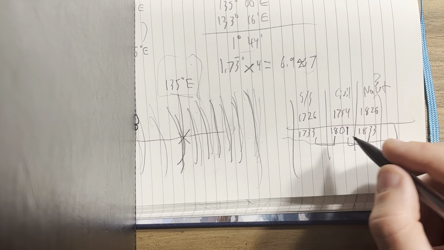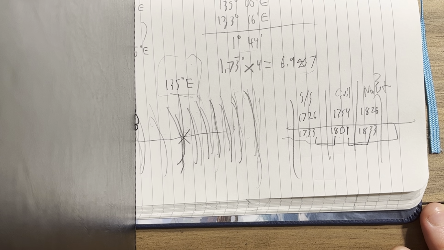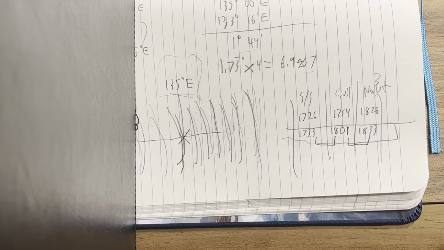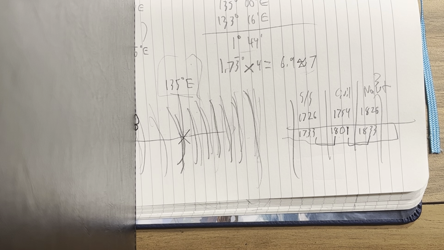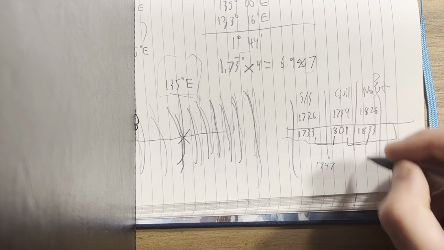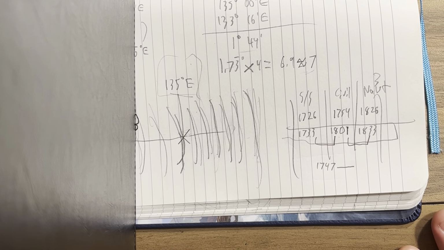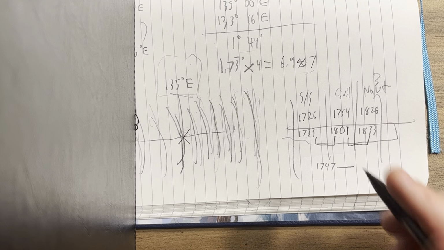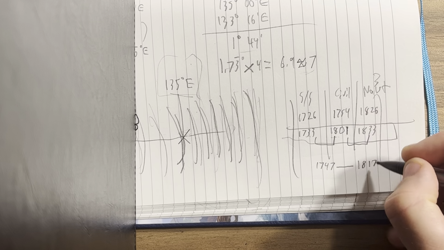So we find the total difference in time between 1733 and 1801, which is 28 minutes. Yes, 28 minutes. Divide that by 2, so that's 14 minutes. So we're going to do 14 minutes after 1733, which gives us 1747. And then for the final time, it's going to be 1801 to 1833, which is 32 minutes. Divide that by 2 is going to be 16. So then we're going to add 16 minutes to 1801, and we're going to get 1817.